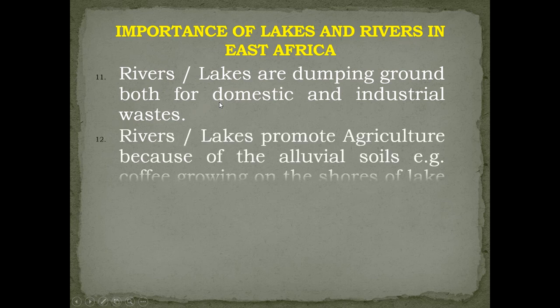Rivers and lakes promote agriculture because the areas around them contain fertile alluvial soils, and this is the reason why the shores of Lake Victoria are well known for growing coffee, sugar canes, bananas, and others.